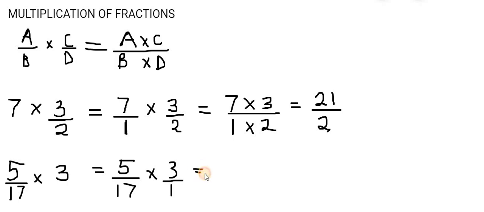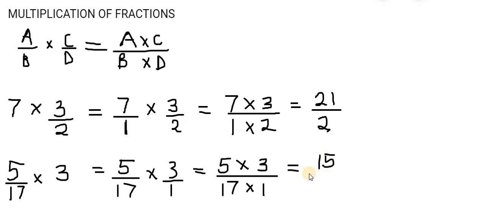Okay, that's equal to 5 times 3 over 17 times 1, which is equal to 5 times 3, 15. And why didn't I break down 17? Because 17 is a prime number. So 17 times 1 is just 17. Okay? So our final answer for that is 15 over 17. Okay?